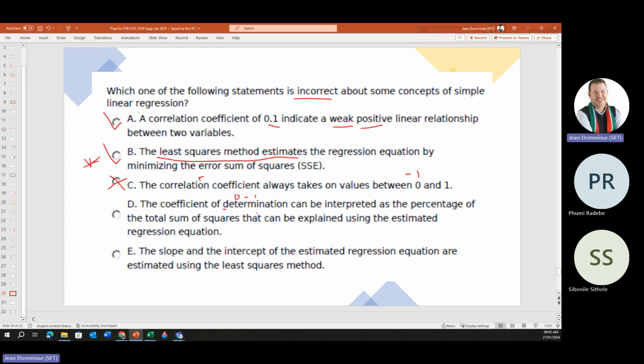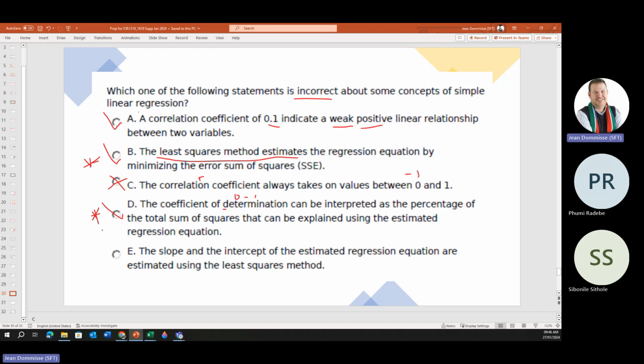D: The coefficient of determination can be interpreted as the percentage of the total sum of squares that can be explained using the estimated regression equation. Correct. Again, purely taken out of a study guide or book.